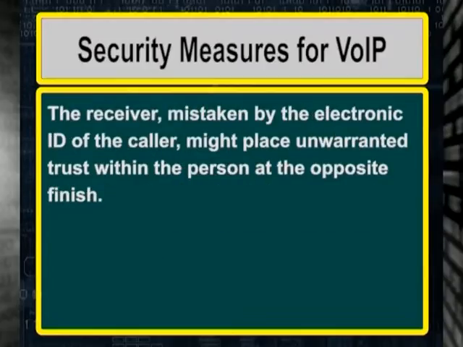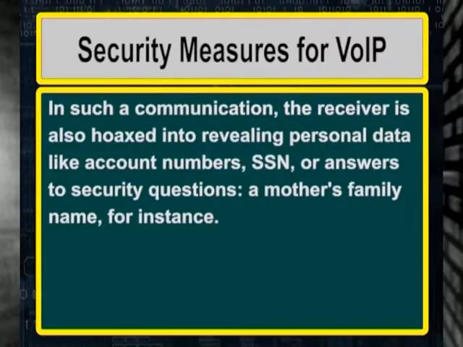The receiver, mistaken by the electronic ID of the caller, might place unwarranted trust in the person at the other end. In such a communication, the receiver may be hoaxed into revealing personal data like account number, SSN or answers to security questions, a mother's maiden name for instance.